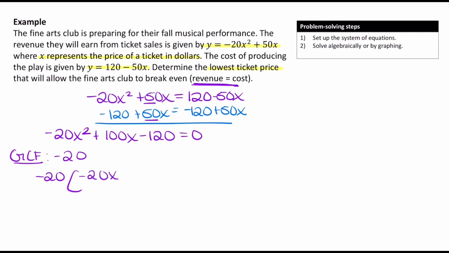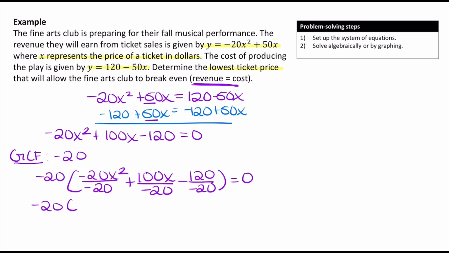So I have negative 20x squared divided by negative 20, plus 100x divided by negative 20, minus 120 over negative 20, and that's equal to 0. Negative 20 over negative 20 cancels, so I have x squared. Then 100 over negative 20 is minus 5x, and minus 120 over negative 20 is plus 6, and that's equal to 0.